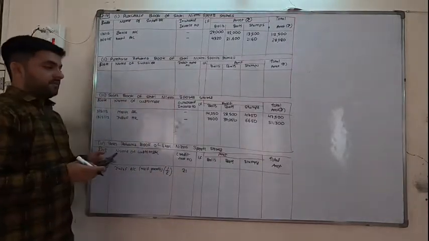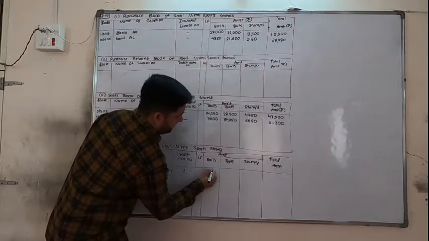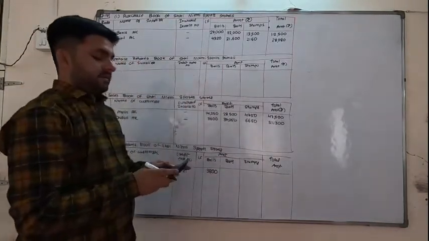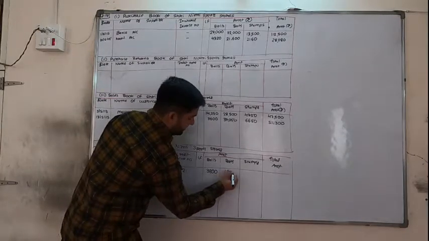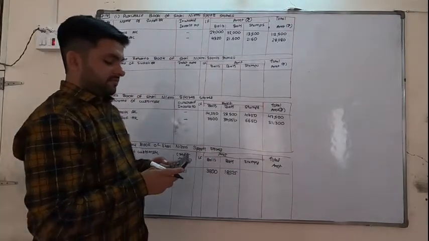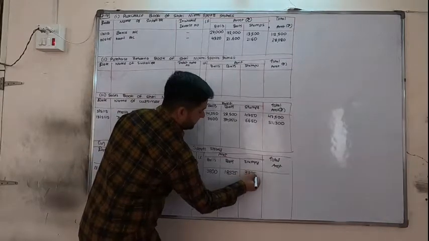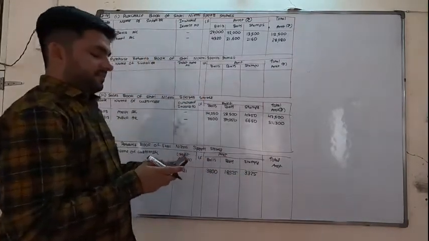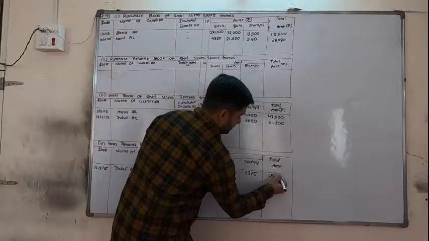Okay, 1 by 2. So 7,600 divided by 2, 3,800. 37,050 divided by 2, 18,525. 6,650 divided by 2, 3,325. 51,300 divided by 2, 25,650.